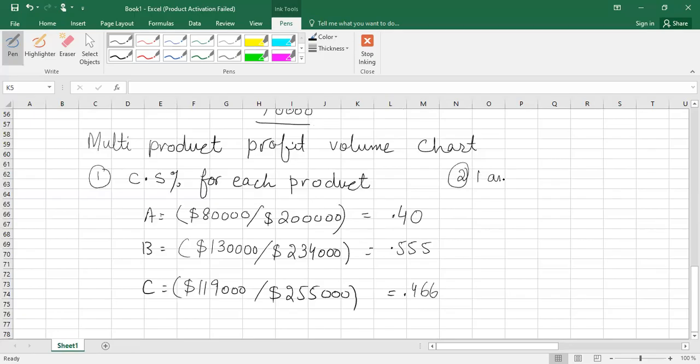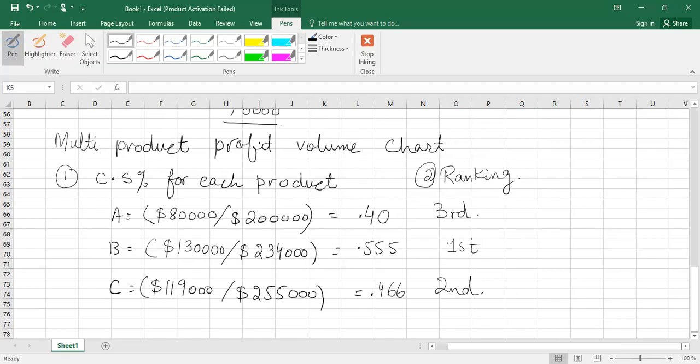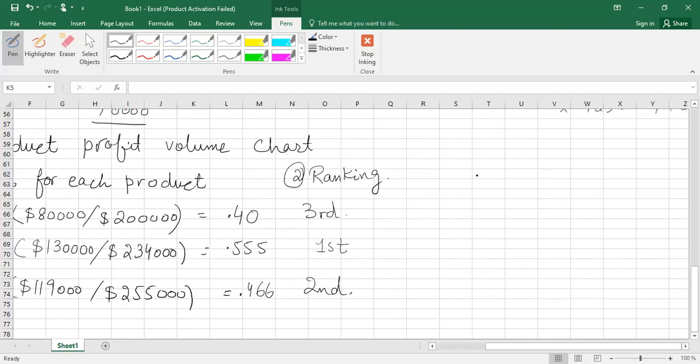Step 2 is ranking. This one is first in the ranking. This one is second in the ranking. This one is third in the ranking. So on the basis of ranking, now we will perform step number 3, which is to calculate profit or loss.